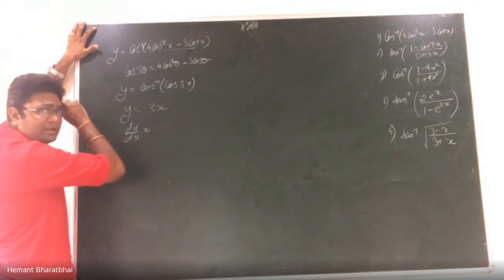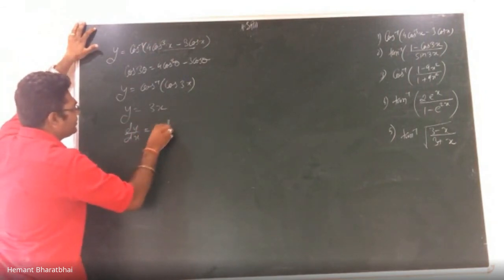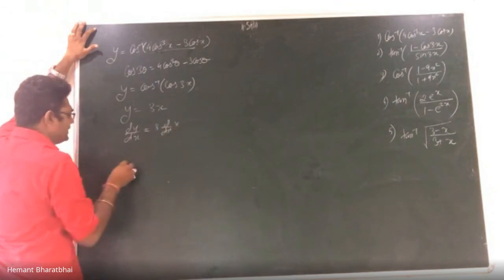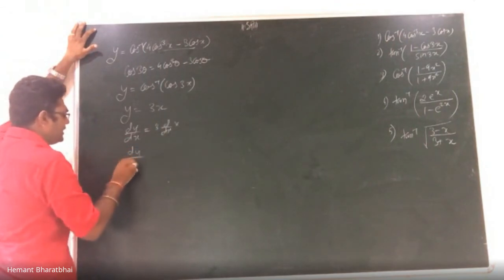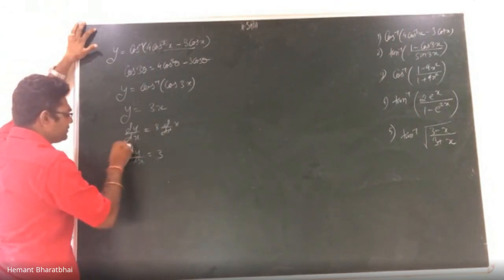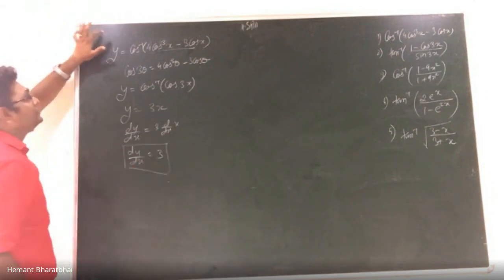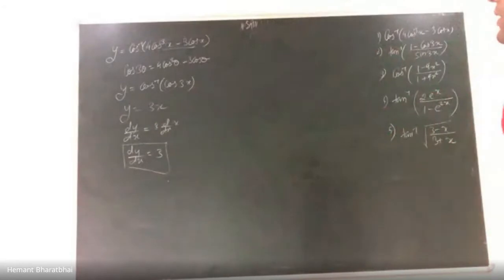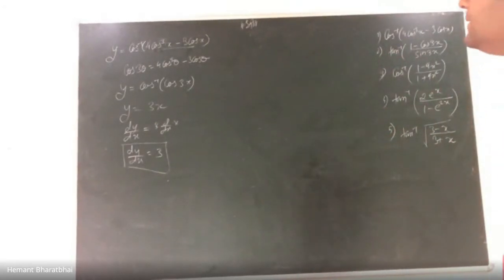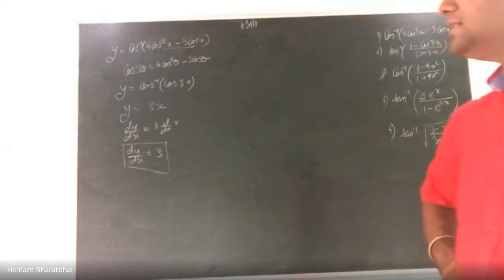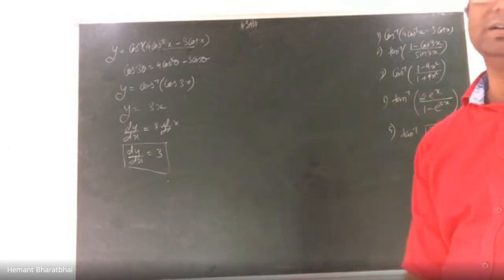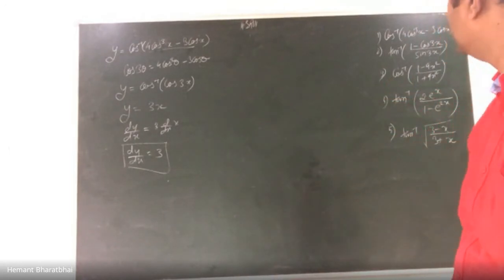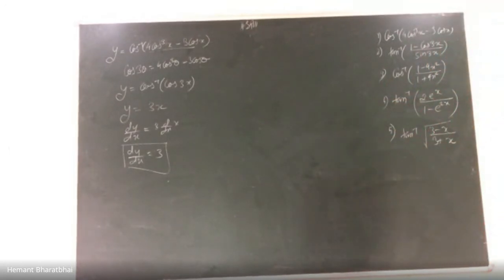My dy by dx will be 3 times d by dx of x, and the derivative of x is 1, so we get dy by dx is equal to 3. Therefore the derivative of y is equal to cos inverse of 4 cos cube x minus 3 cos x is nothing but very simple, that is dy by dx is equal to 3.